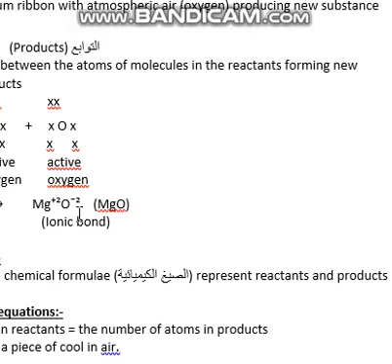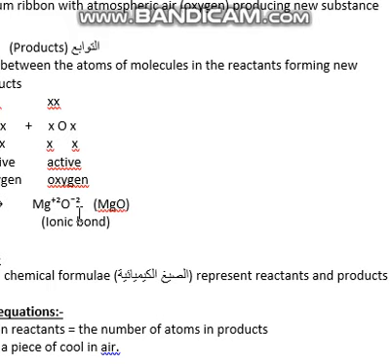It's a set of symbols and chemical formulas representing the reactants and the products in a chemical reaction. In the last lesson, I explained how to write the chemical formula, in lesson 2.